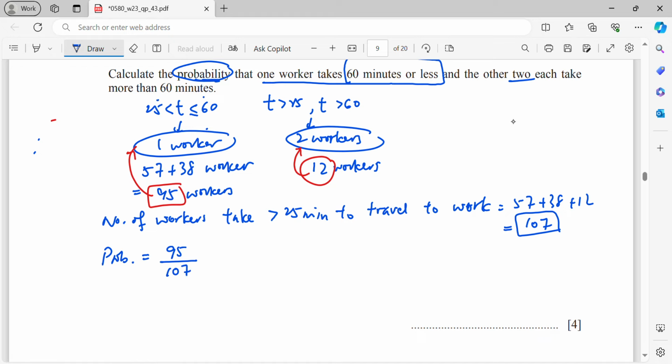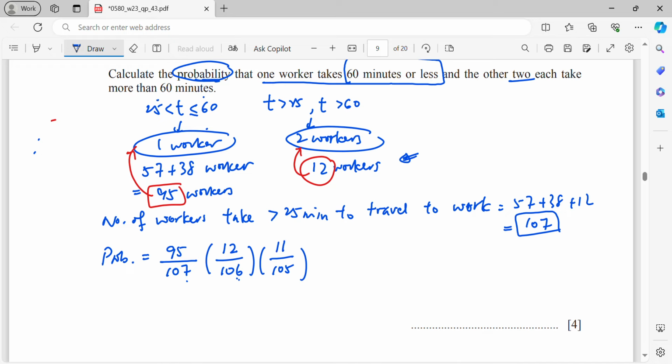Once you have chosen 1, it is left 106, and then 105, because you have to choose a total of 3 workers here. So 107, 106, 105 keep decreasing by 1. This 106 you need to choose from these 12 workers, because 2 workers from 12. So initially there are 12 and then later on it will be 11.